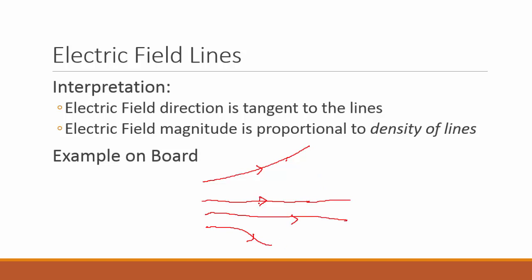And all of these here are, if you can't tell, supposed to be arrows indicating that the electric field runs in that direction. Now, what I'll do is show you what the electric field vectors would look like for that arbitrary set of electric field lines. If I can get this to work.